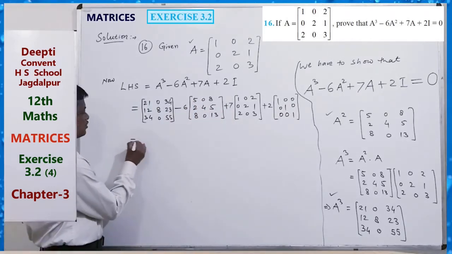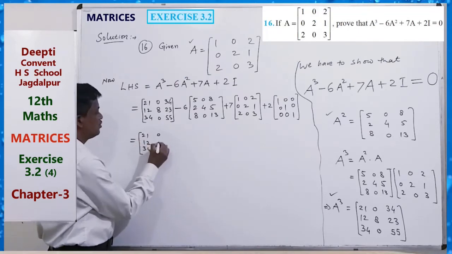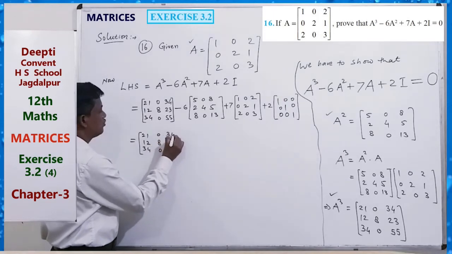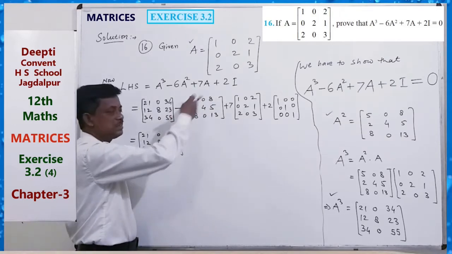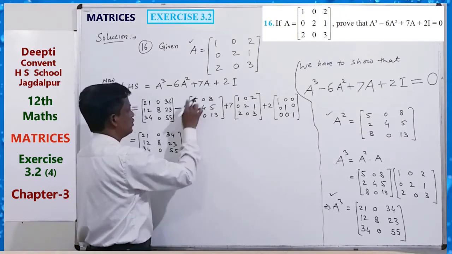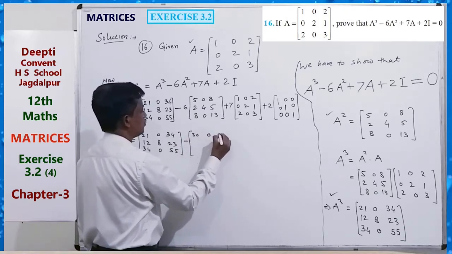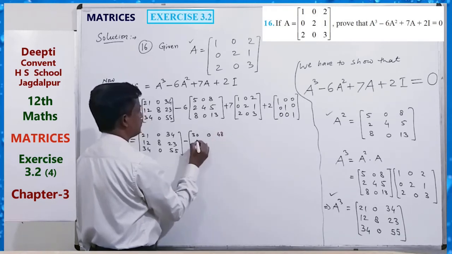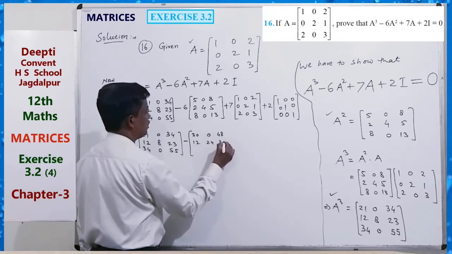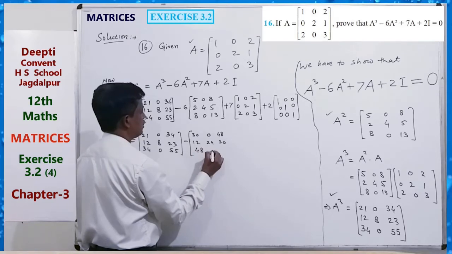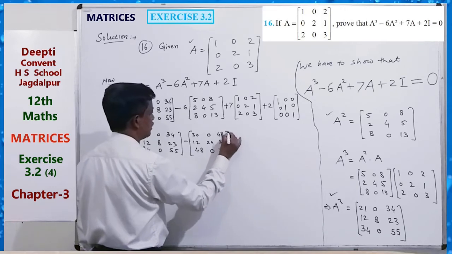Just we have to solve this. A cube: 21, 12, 34, 0, 8, 0, 34, 23, 55. Minus, multiplying by 6: 30, 0, 48, 12, 24, 30, 48, 0, 78.